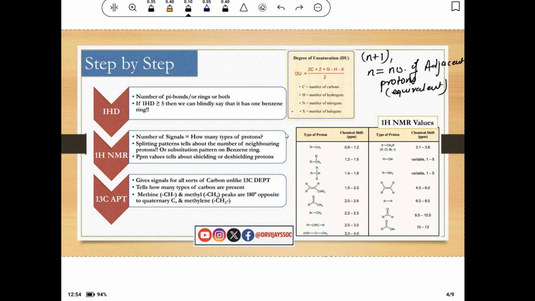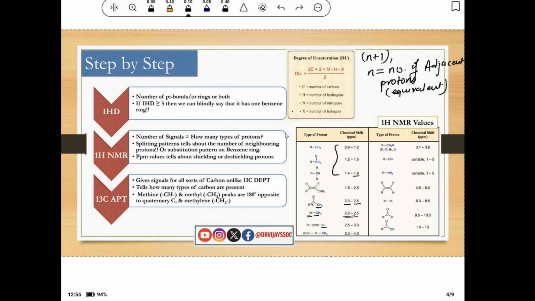So I would like to ask you to remember some of the values. For example, from 1 ppm to 2 ppm, you usually get the aliphatic protons. And the most important value is when carbon is attached to the ketone group, then the proton comes from 2 to 2.6 ppm. And it is almost the same for the methyl attached to the benzene ring.